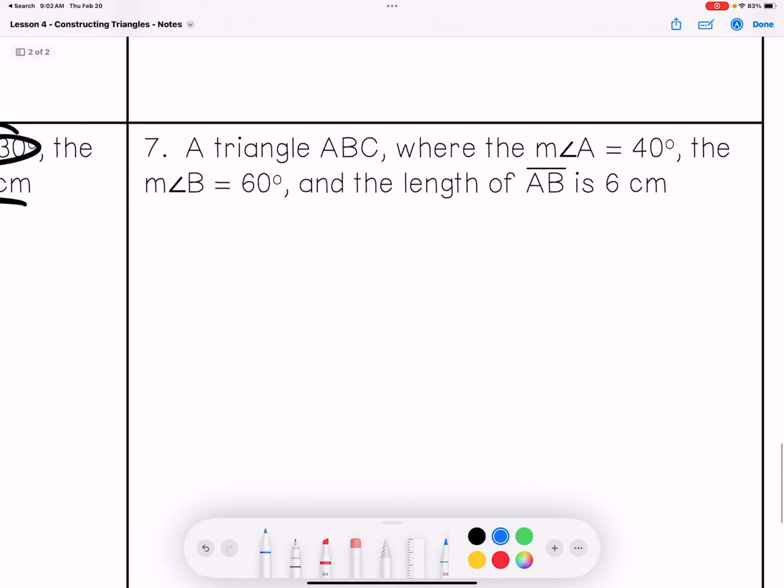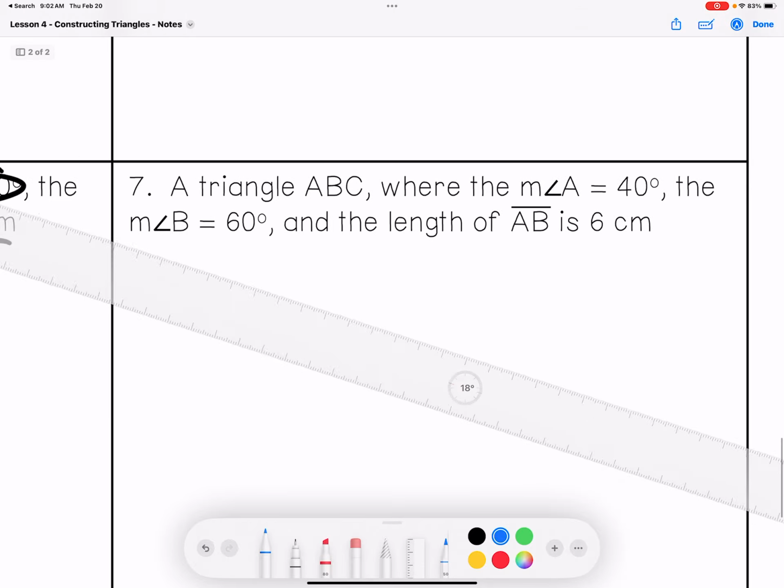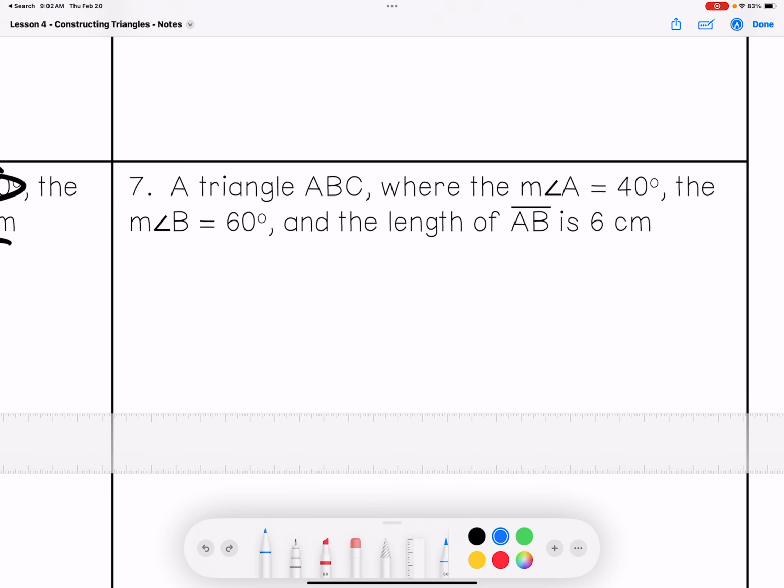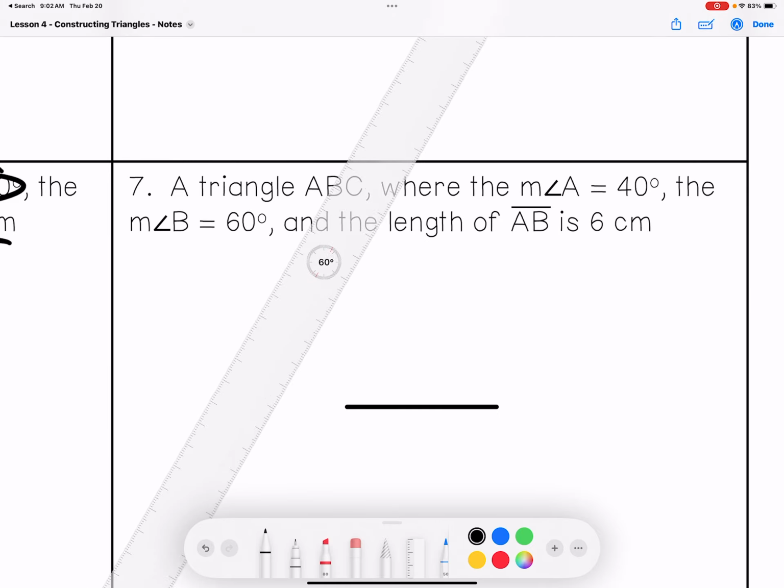All right, so now we're going to do ABC and 6 centimeters again. 1, 2, 3, 4, 5, 6. Angle ABC.